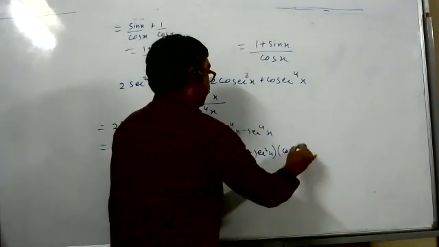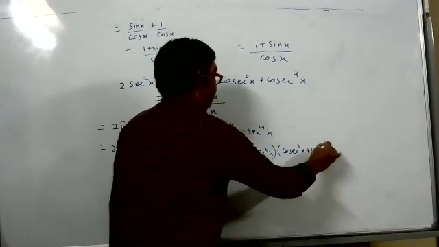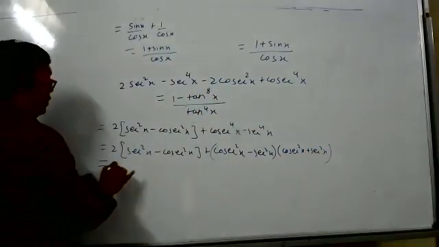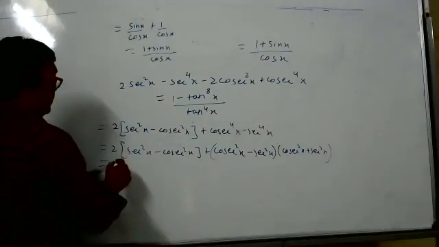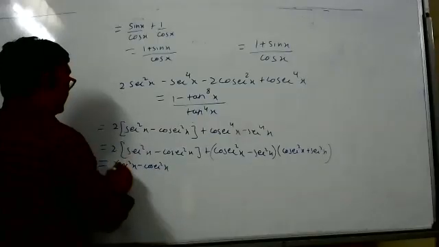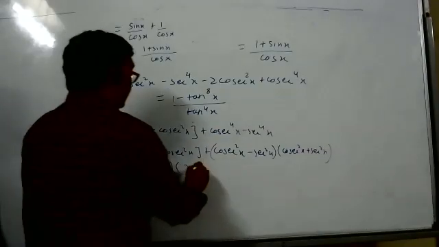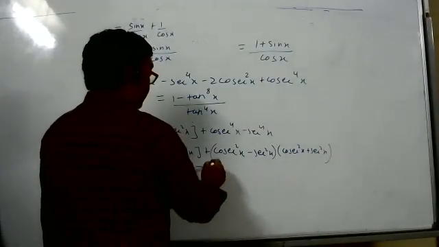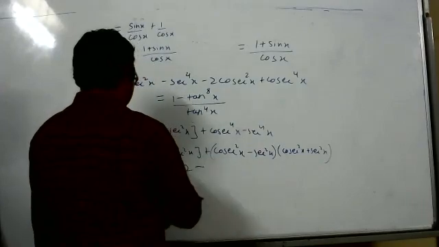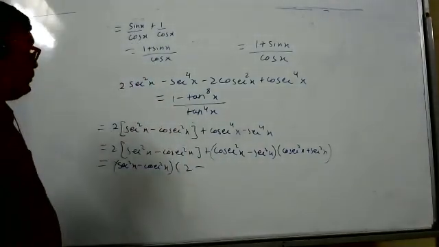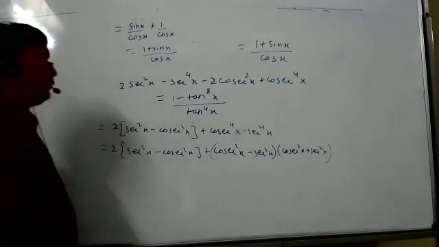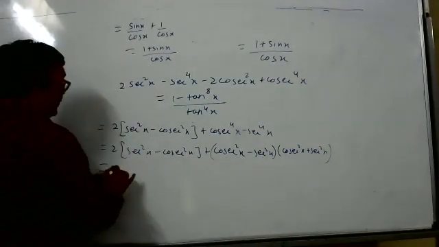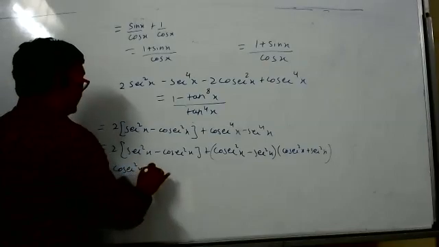Cosecant square x plus secant square x, take common. Cosecant square x minus secant square x common.